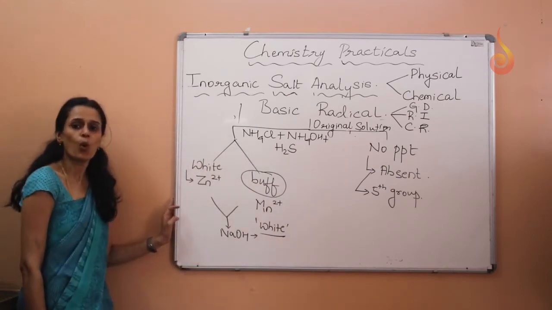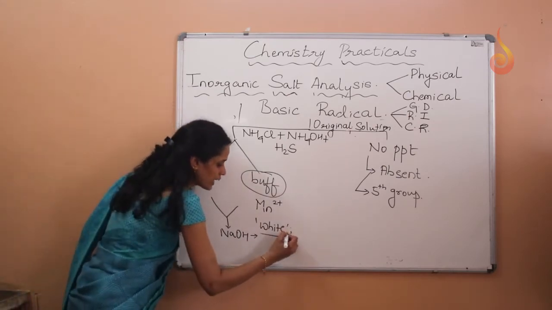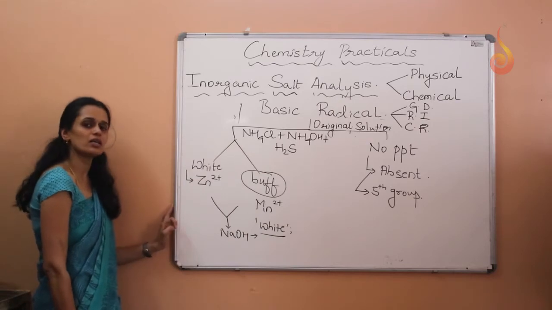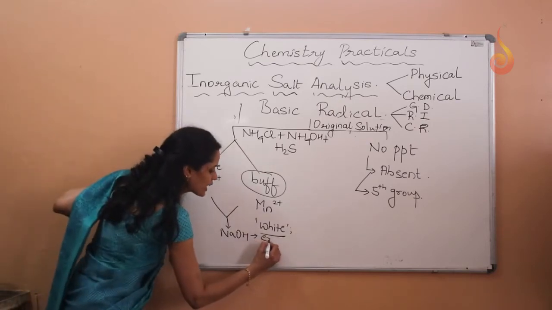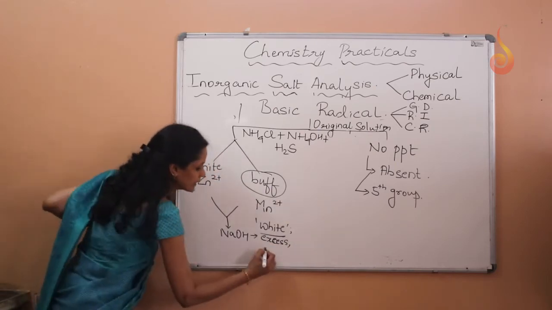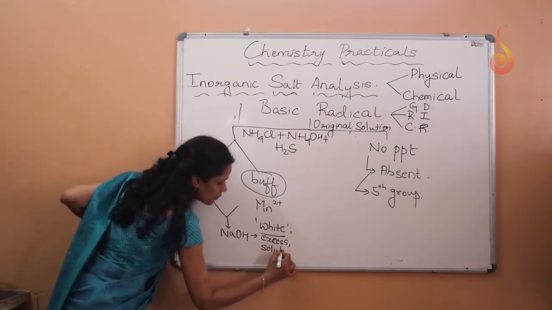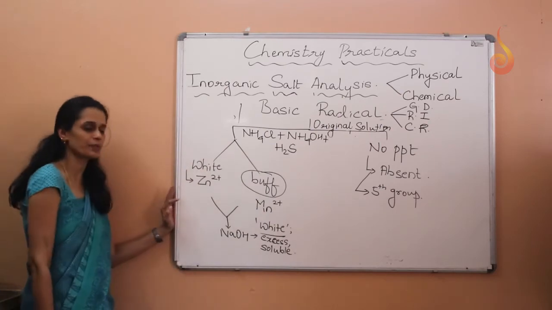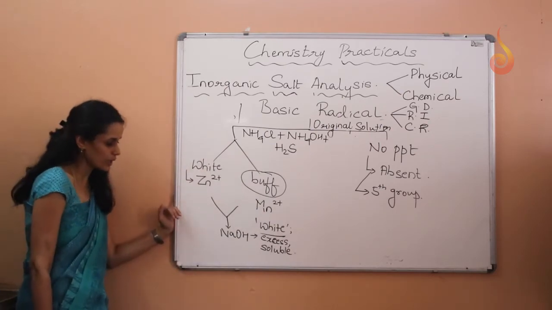Once we get the white precipitate, after adding excess NaOH solution, the precipitate will always be soluble.